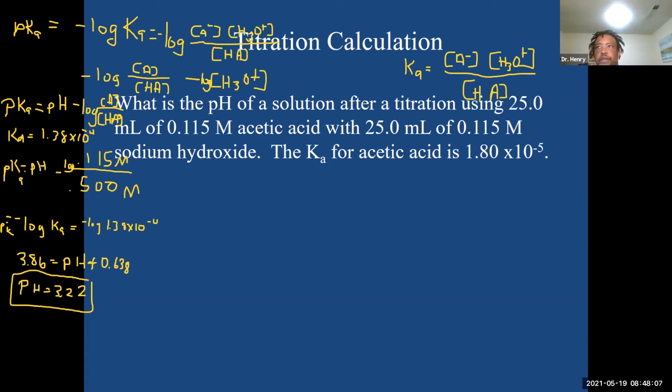They also give you the Ka for the situation. Here you need to take into account that you have both reactions. In this case, it's a strong base, so really you're going to be relying on your acid and how it's shifting.